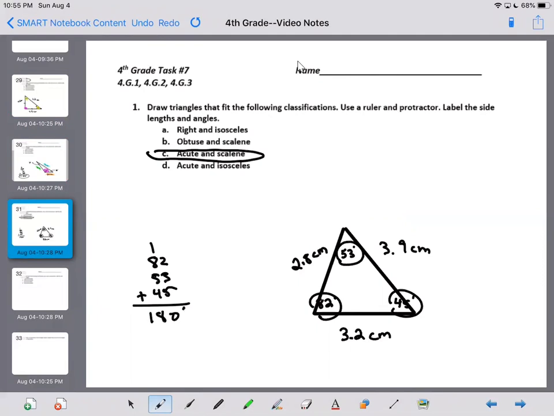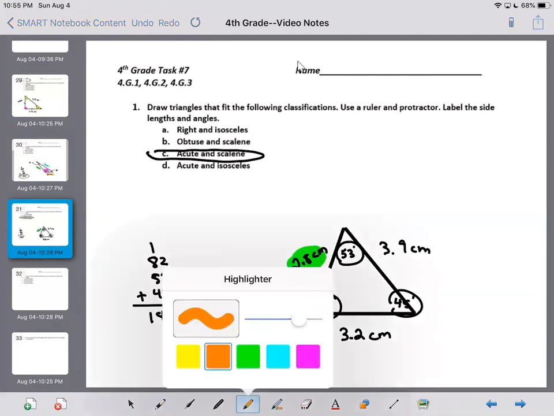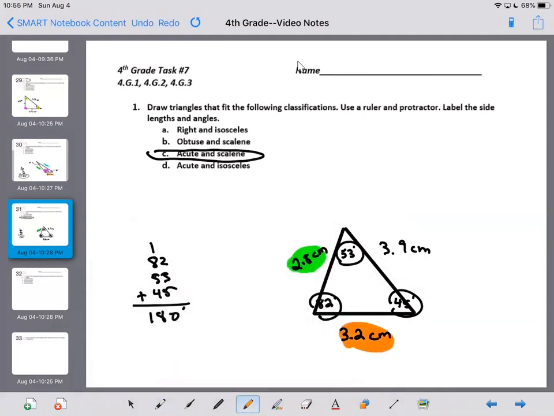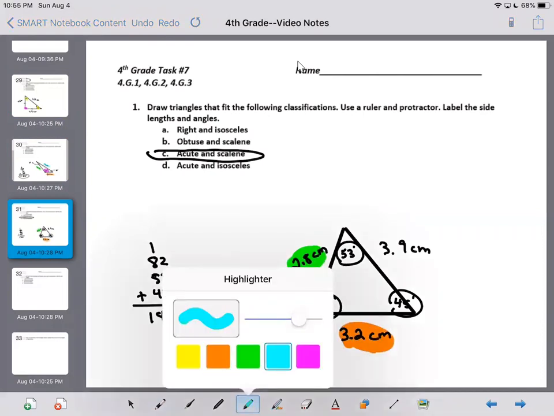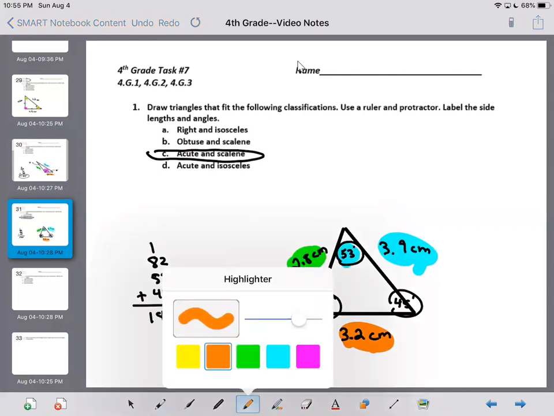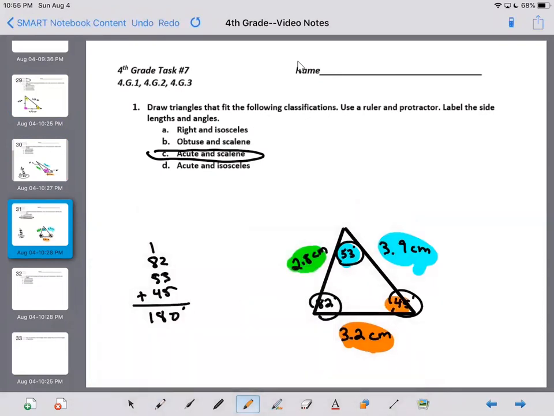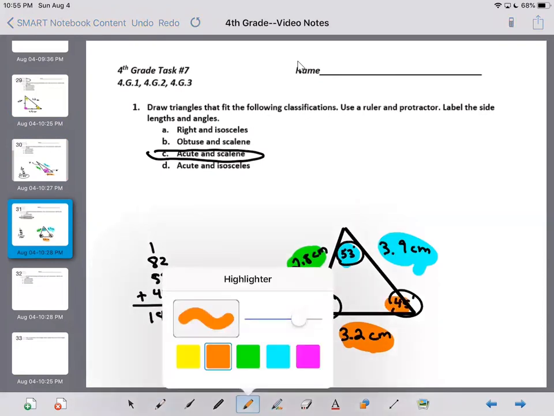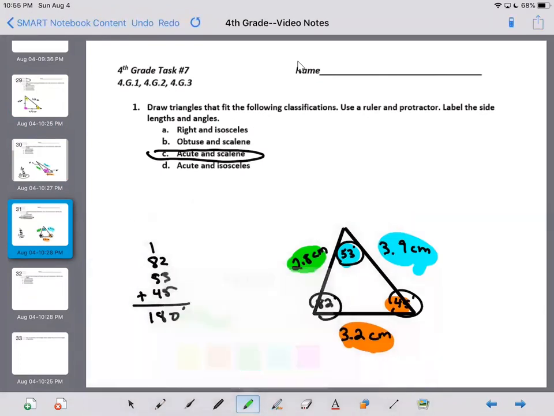It's scalene, remember, because you've got 2 8/10, you've got 3 2/10, and you've got 3 9/10. 3 different side lengths, 3 different angles. And when you have that, you've got your scalene. Now look, 82, 53, and 45, they're all acute.